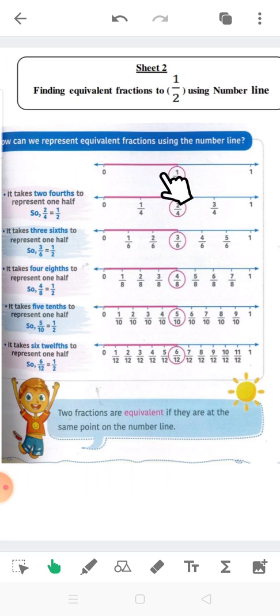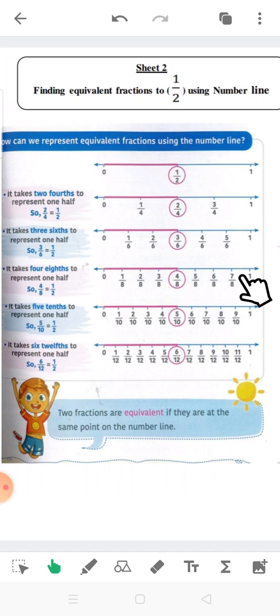Just below half, I've got the same number line, exactly the same size, with 0 and 1, and I will cut it into 2 equal parts, and then just below a half is 2/4. Here we have a number line cut into 6. So what is equivalent to a half? Just write beneath a half is 3/6.